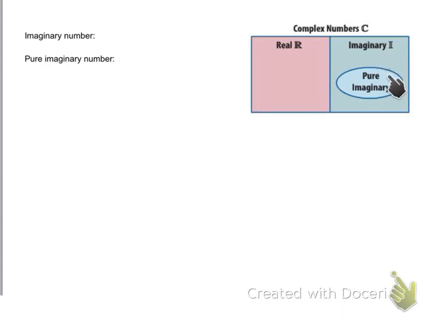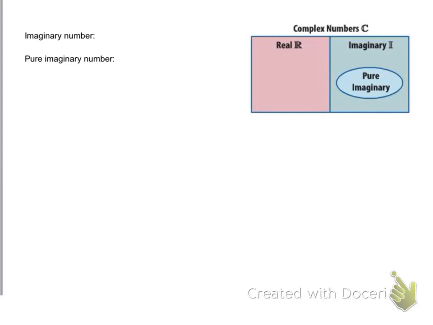And then you get this little subset that's contained inside imaginary numbers. And to be pure imaginary, it's kind of like Jake's friends. And those pure imaginary numbers, can you guess what they would be?